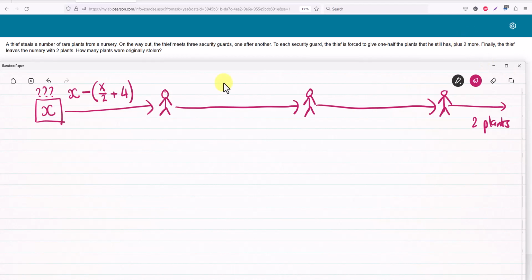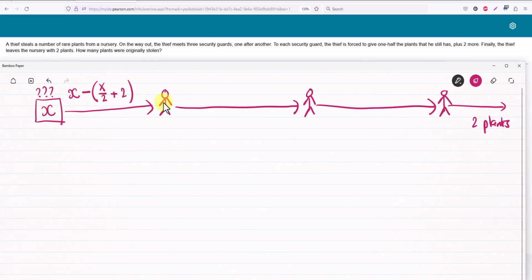That was a typo before. So one half of the original x plus 2 more, and we take x and subtract that amount, when he first meets the first guard.